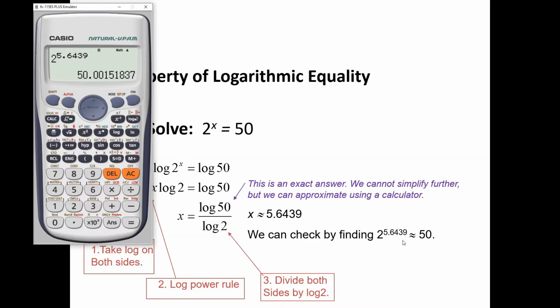Okay. Now, there is one other thing we could have done on this problem. We could have directly changed it to logarithmic. We could have said log base 2 of 50 equals x. Okay. What am I saying?